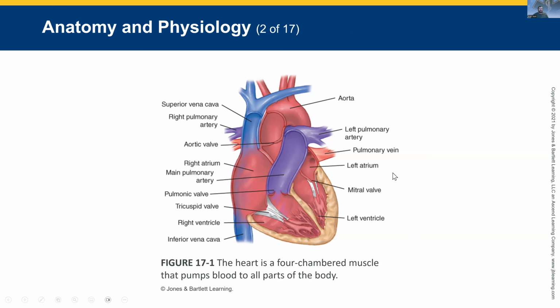It comes from our lungs back through a pulmonary vein into the left atrium, through the mitral valve into our left ventricle. From our left ventricle, it's going to come up to our aorta and be pumped out through the body. So, like I said before, the right side is unoxygenated. It goes to your lungs, and then the left side is oxygenated and it gets pushed up to the body.